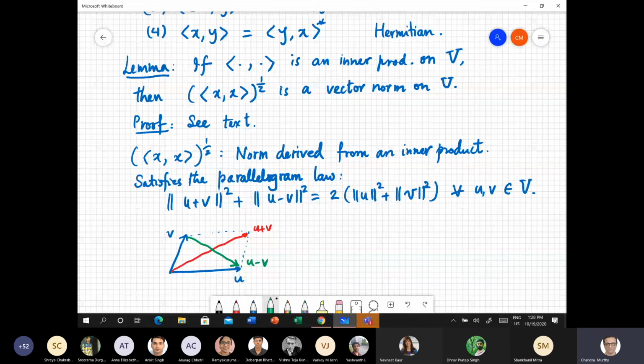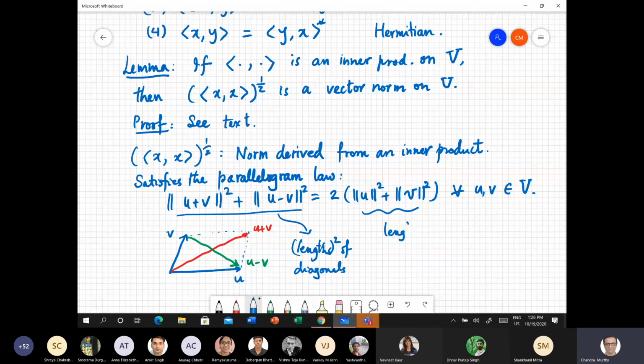What it's saying is that the lengths of the diagonals of the parallelogram squared, if you add them up, is equal to 2 times the lengths of the sides squared, the sum of the lengths of the sides. So this part is the lengths squared of the diagonals, and this part is of the sides.